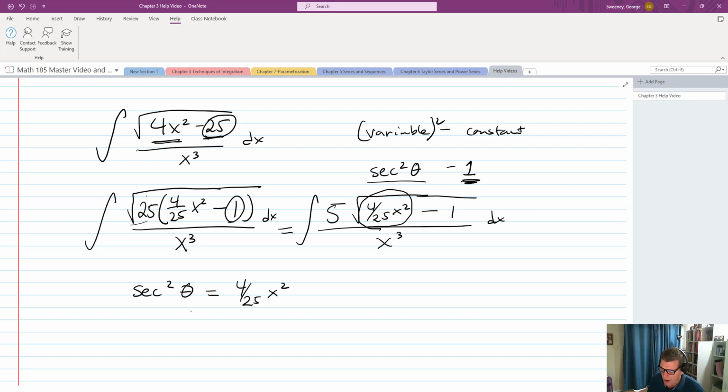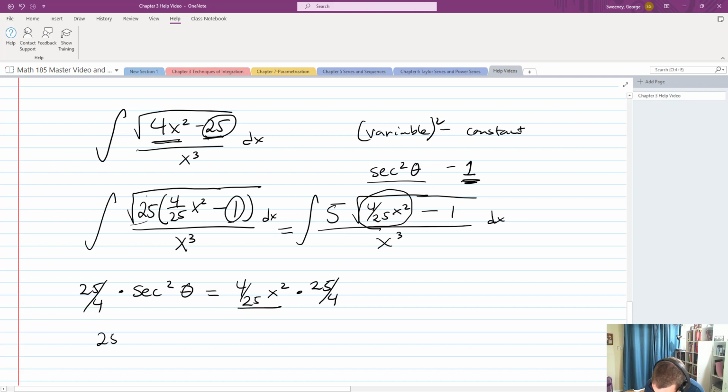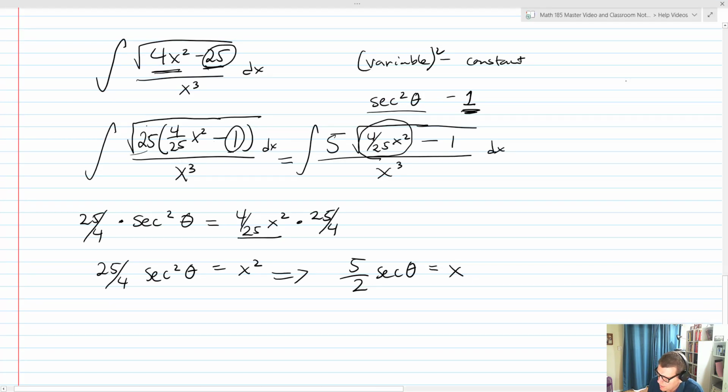So I'm going to solve for x. First I'll multiply by 25 over 4, and that gives me 25 over 4 secant squared theta equals x squared. Then I'm square rooting, just assuming the positive, so I get 5 over 2 secant theta is equal to x. And that's what x is going to be.